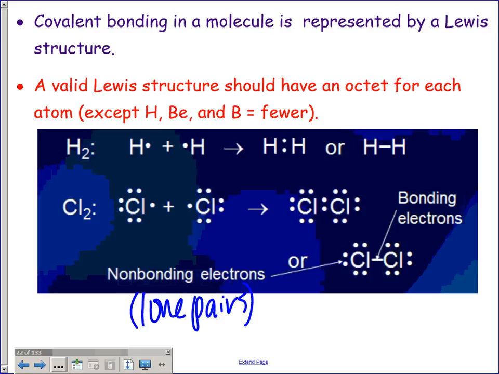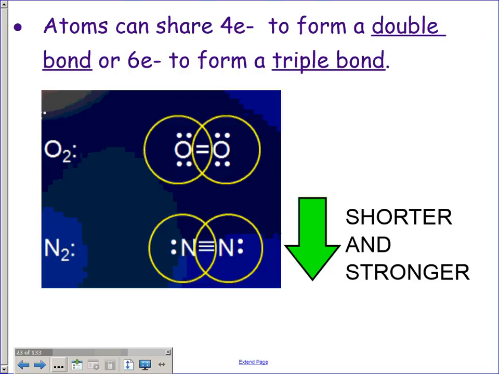Okay, so those are our valid Lewis structures. The double bonds and single bonds, how many electrons are represented here? Four. So they're sharing four electrons, and the nitrogen is sharing six electrons. So what you should know about the differences between double, single, and triple is how many electrons there are: 2, 4, and 6.